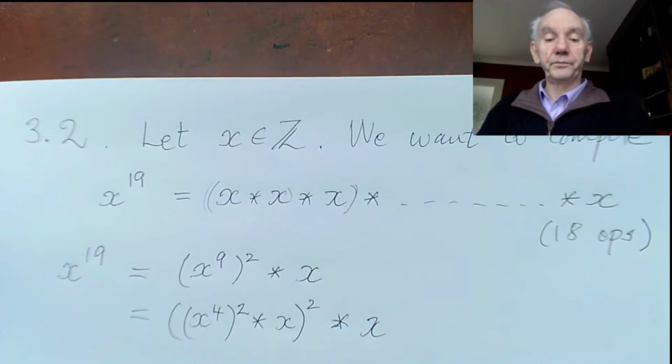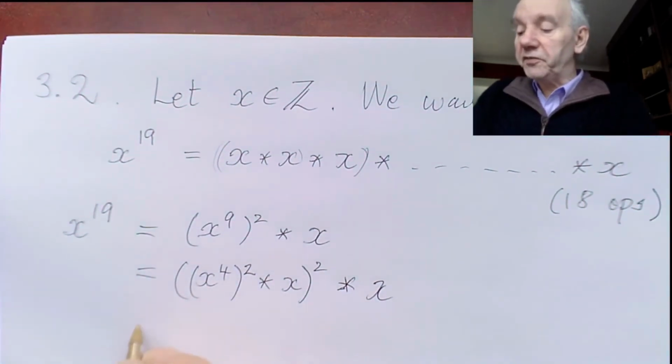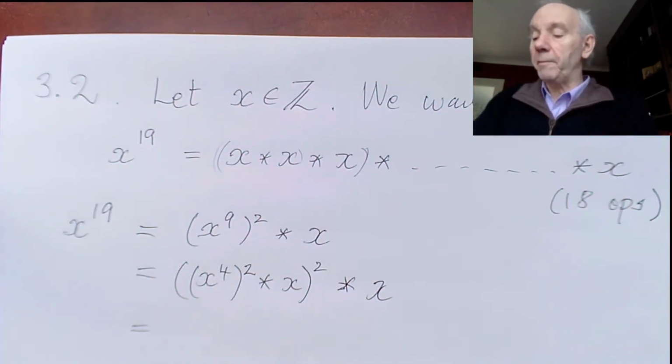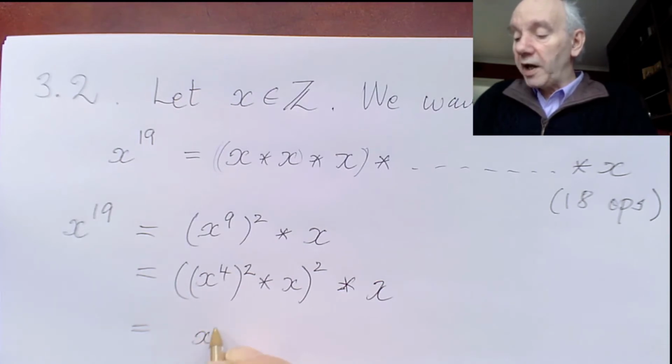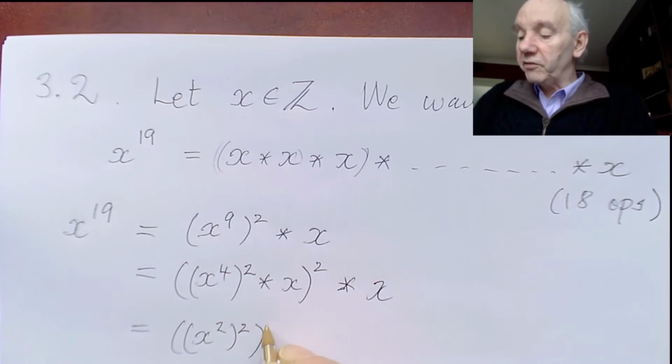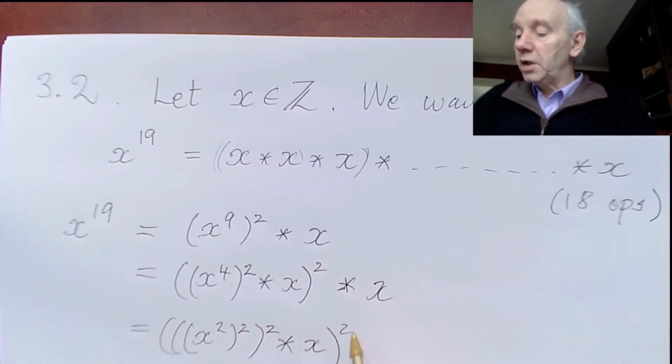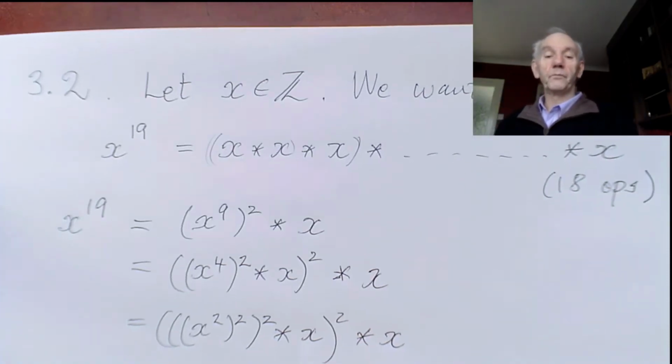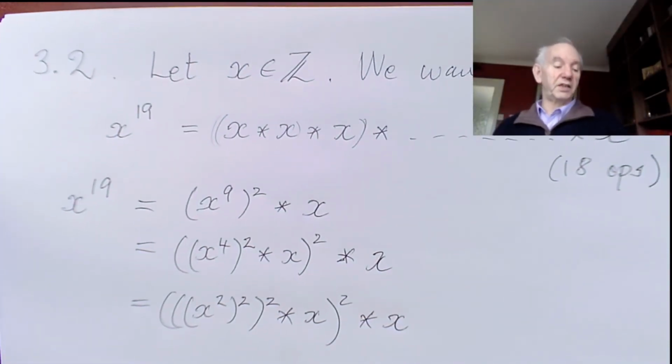Now we've almost finished. 4 is an even number, so it's easier: x squared squared is x to the 4th. Then we square x to the 4th, multiply by x, square all that, and multiply by the final x to get x to the 19. So that's another way of writing x to the 19, but you see the advantage of this.